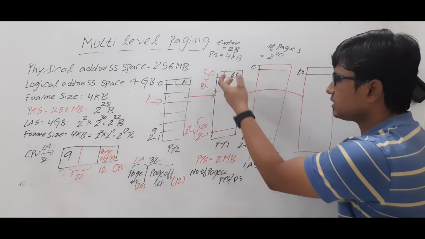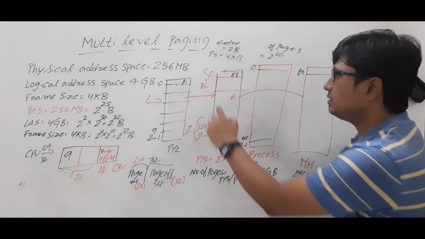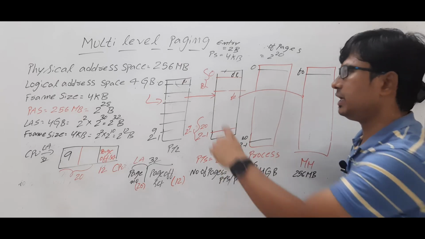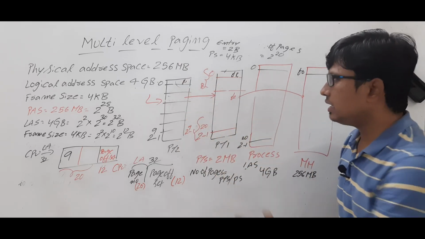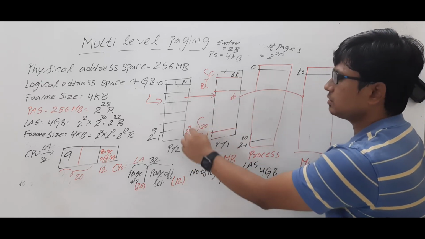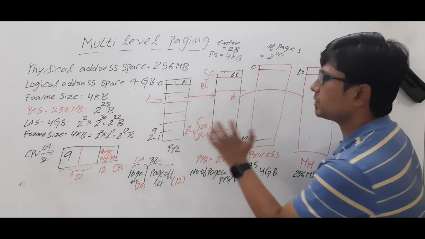See, are you able to understand? We have 2 power 20 entries. These entries are again further divided into pages. Am I right? Page number 0, up to page number 2 power 9 minus 1, not 2 power 20 minus 1. Page number 0, page number 2, page number 3.